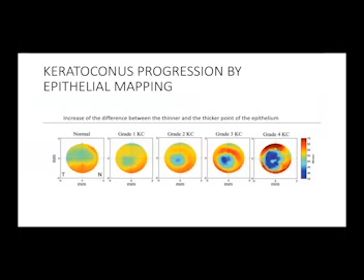The epithelial mapping can also be used to monitor the progression of keratoconus. We can measure the thinnest point and the thickest point of the epithelium and compare the difference, and the difference becomes higher as the keratoconus progresses.